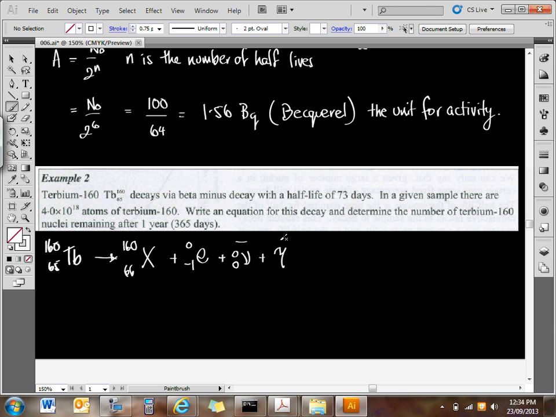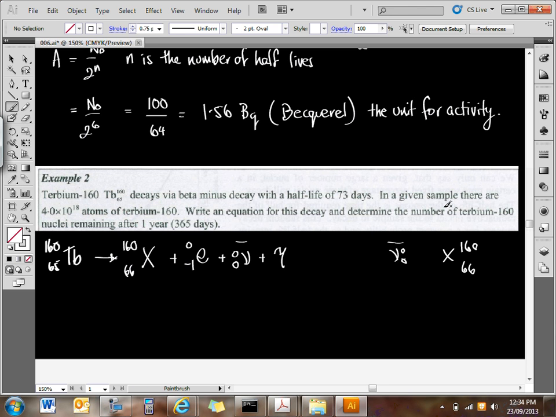You might notice, people, that your book sometimes puts the zeros on that side, or puts the 160, 66 like that. That's also legal. I try to stick to one side. Legal when it comes to answering the question in the exam.